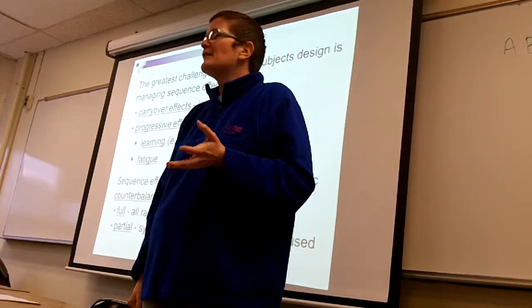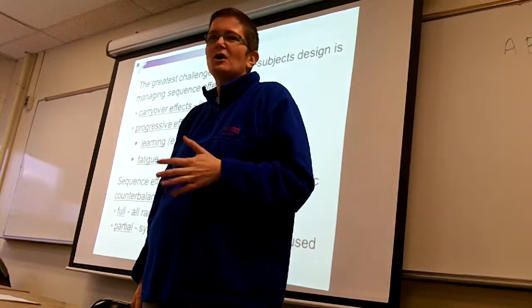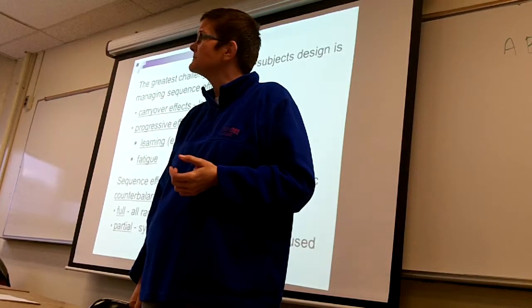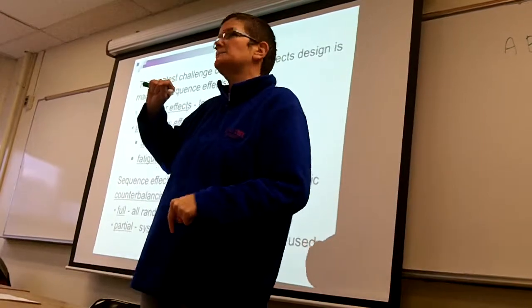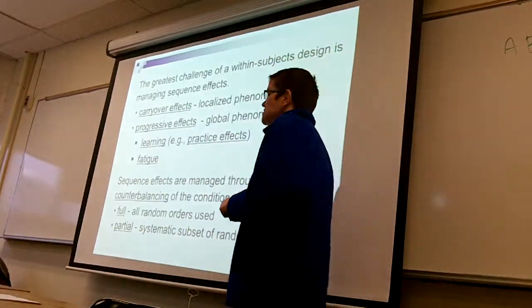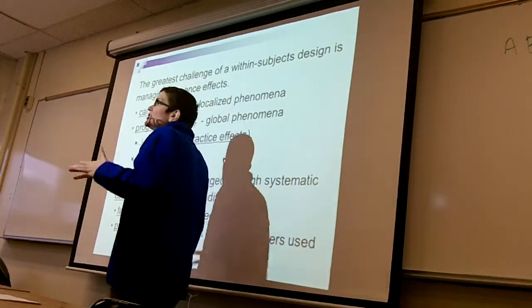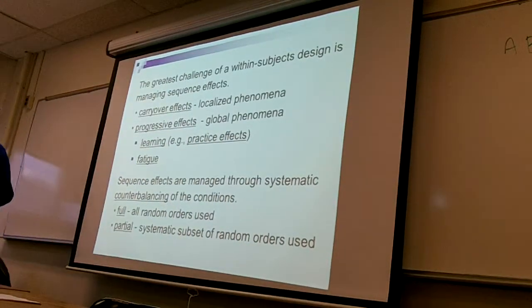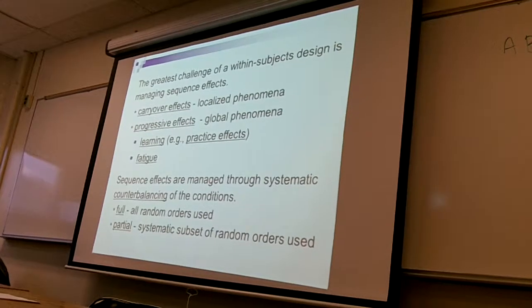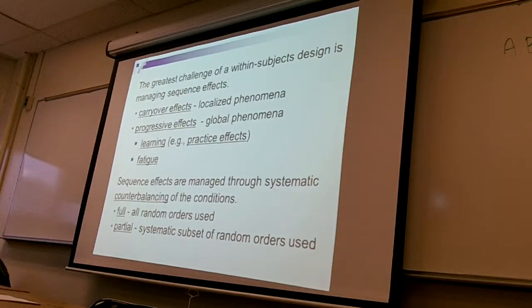And in the beginning, they're not very good at it because it's a hard thing that I'm asking them to do. And they have to get used to hitting the different buttons and getting the right response. So in the beginning, they're not very good at doing the task I want them to do. But in the end, they get much better because they've practiced it. So this is a progressive effect.